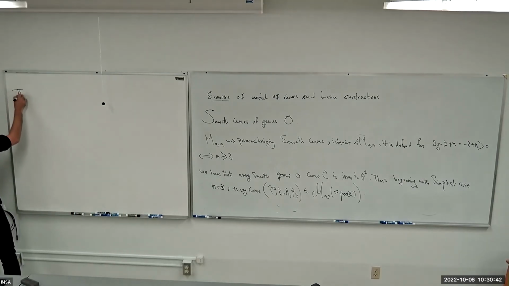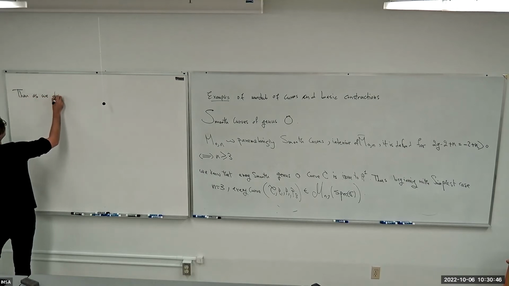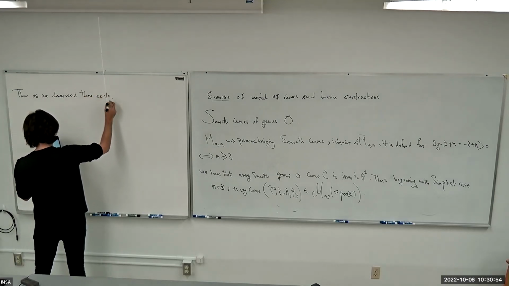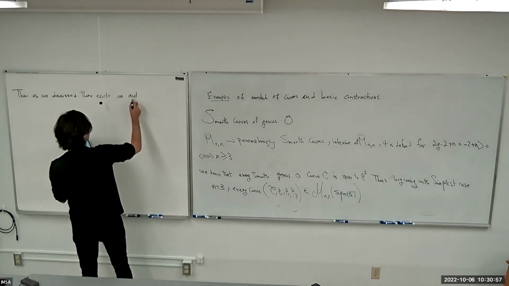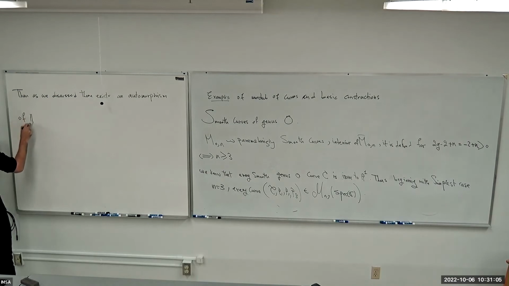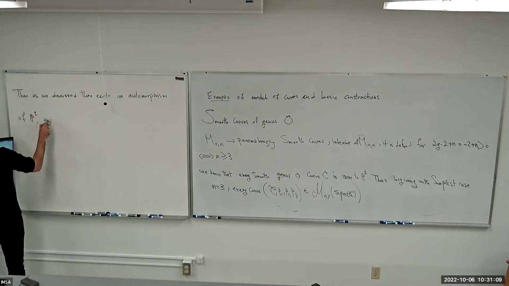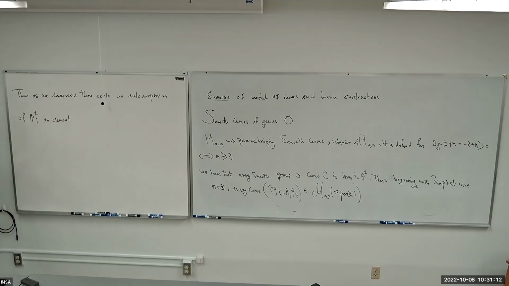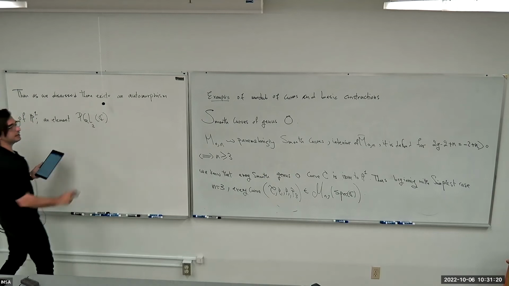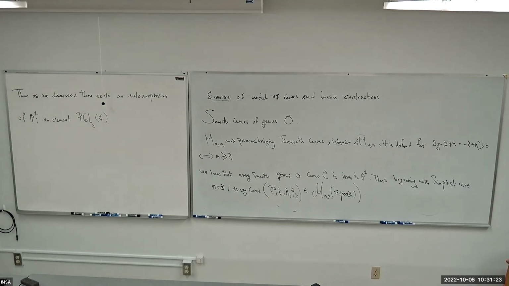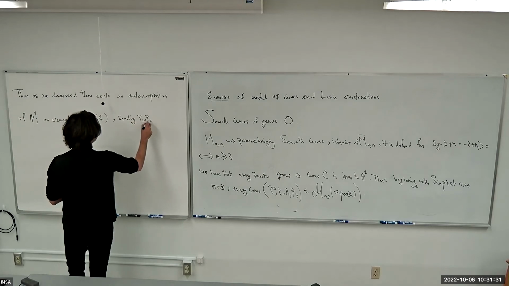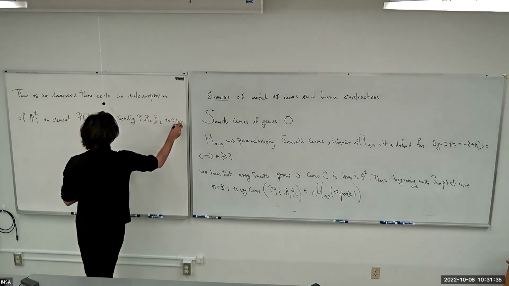Then, as we discussed, there exists an automorphism of P1, which is an element of PGL2C, and we know how PGL2C acts on the two homogeneous coordinates of P1, sending the three marked points to 0, 1, and infinity.